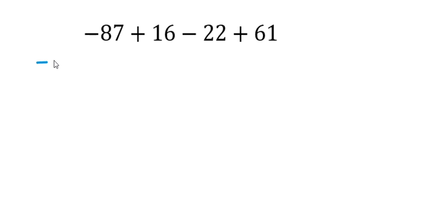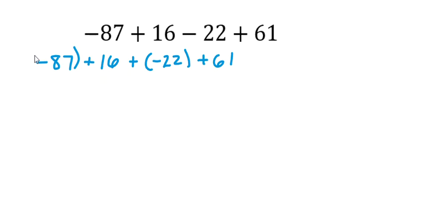That's not hard to imagine because there's no number in front of it. And then plus 16. And then I'm going to say plus negative 22. And then plus 61. So that I'm thinking about, maybe I'll put parentheses around the negative 87. So I'm thinking about this as just an addition problem, but I'm adding some numbers that are positive and some numbers that are negative. Okay.